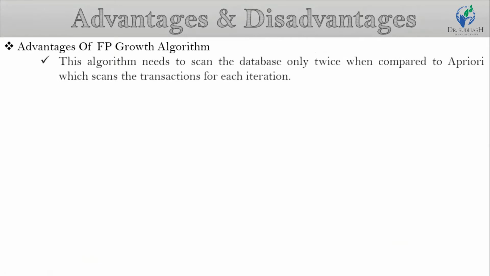Now I explain the advantages and disadvantages of the FP growth algorithm. The first advantage is that this algorithm needs to scan the database only twice, compared to Apriori, which scans the transactions for each iteration.